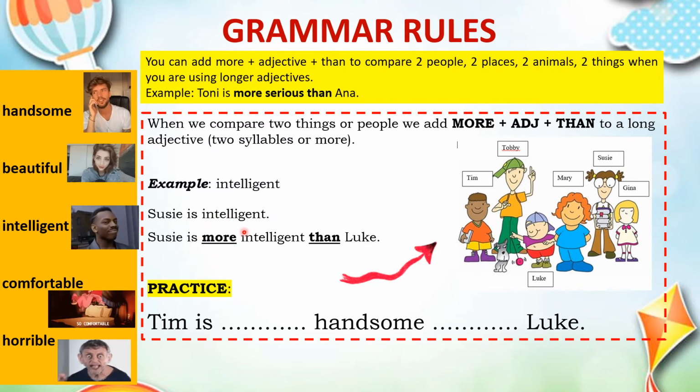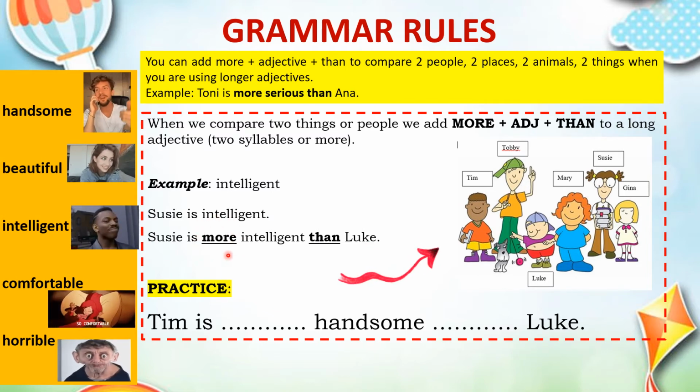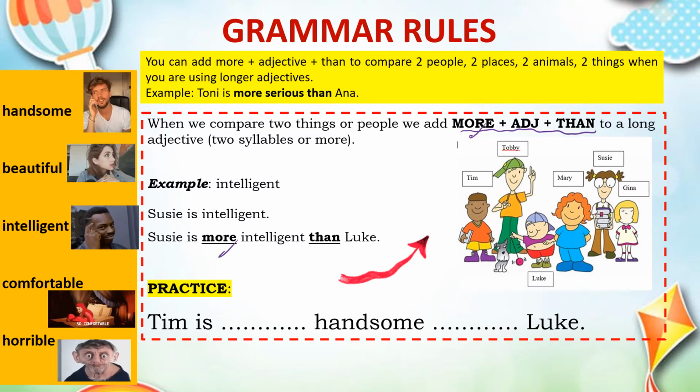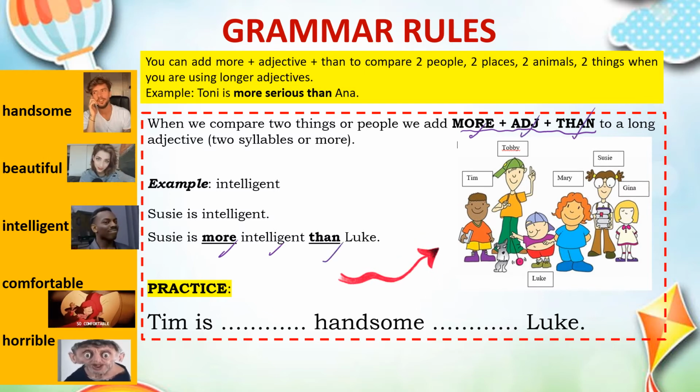Over here you can see this is more, the word more, the adjective, and than. In this way, we are following the structure. More, adjective, than. This is the structure, okay? Susie is more intelligent than Luke.